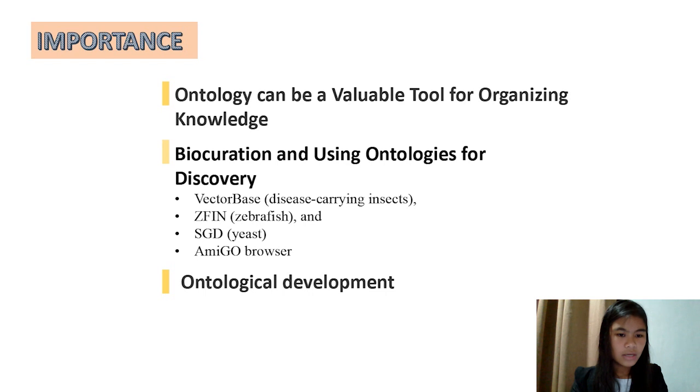So, last one is ontological development. Problems are reported back to the individuals who maintain the ontology, and amendments are made to the active ontology. The incorporated changes are then released to users, and the cycle continues. The gene ontology and other biological ontologies exemplify the collaborative nature of ontology development.